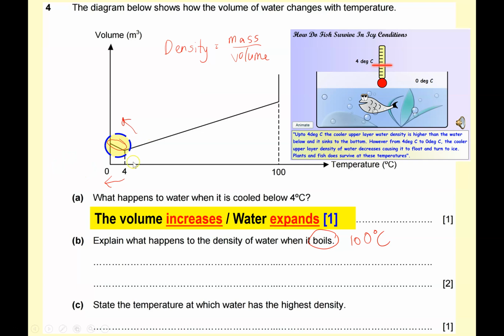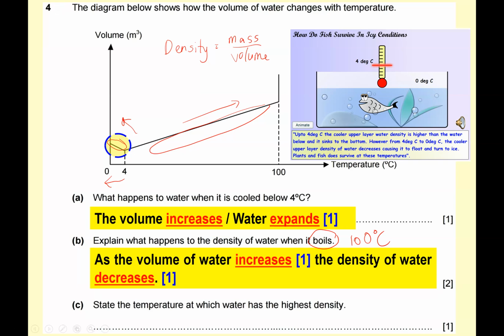What we're concerned with is this section between 4 to 100. So you see what happens to the volume of water when water is being boiled. The volume increases.